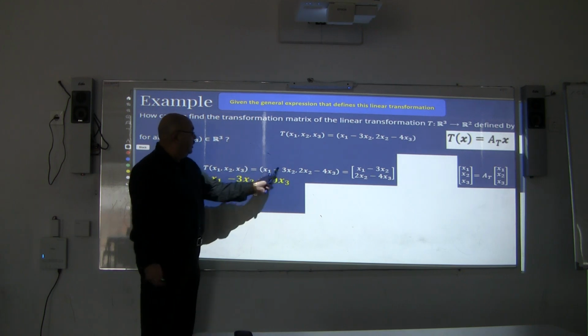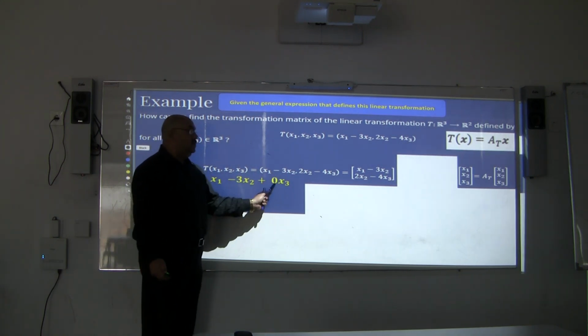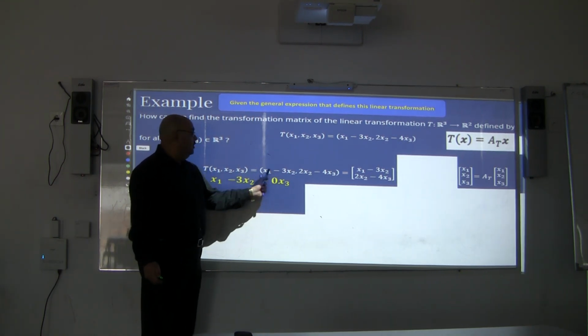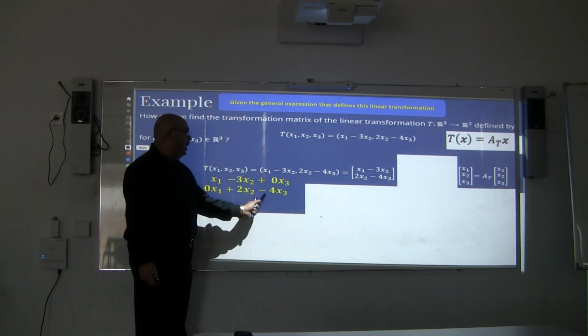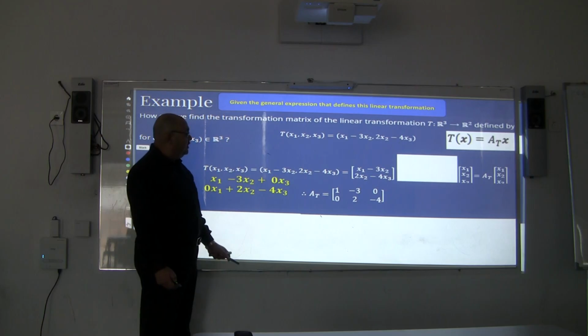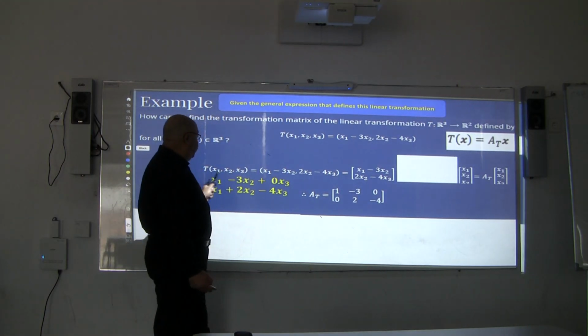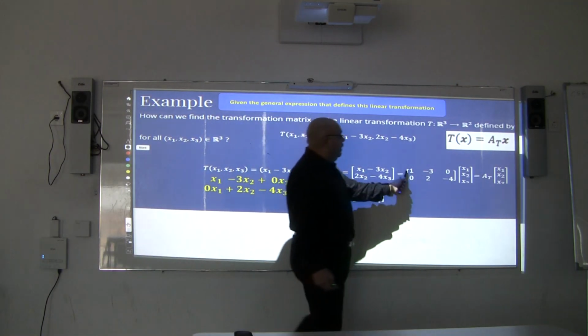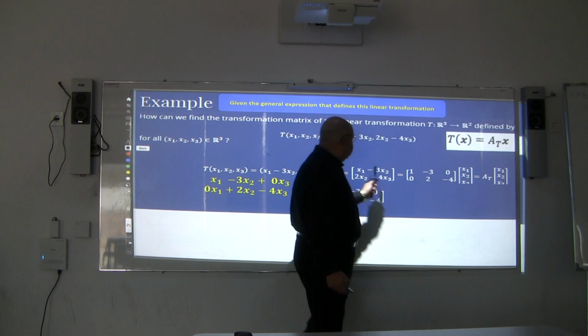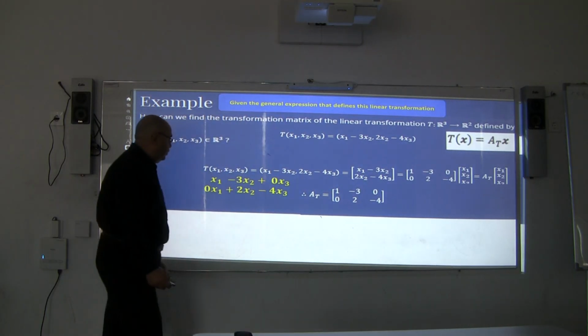X1 exists, negative 3 X2 exists, 0 X3, because I don't have X3 in the first component. In the second component, that's 0, 2, and the negative 4. So it's really very simple to get A, which is 1, negative 3, and 0. The second row is 0, 2, minus 4, as you can see. And we can check the multiplication. It's going to be exactly the general expression.